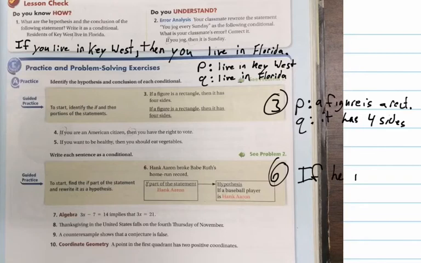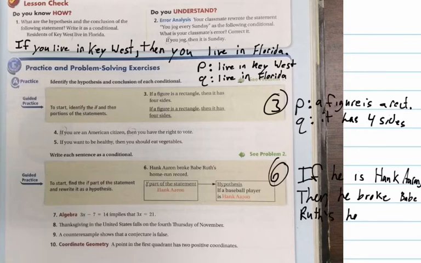If he is Hank Aaron, comma, then he broke Babe Ruth's home run record.